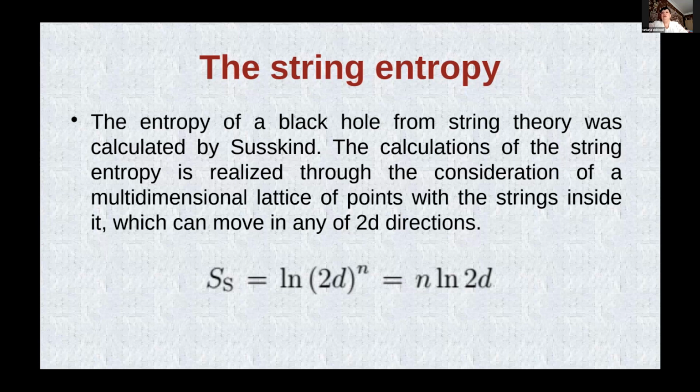Accordingly, entropy can be calculated by considering the black hole as a cube with strings inside it, which can move in 2D directions. 2D because a D-brane is a surface.